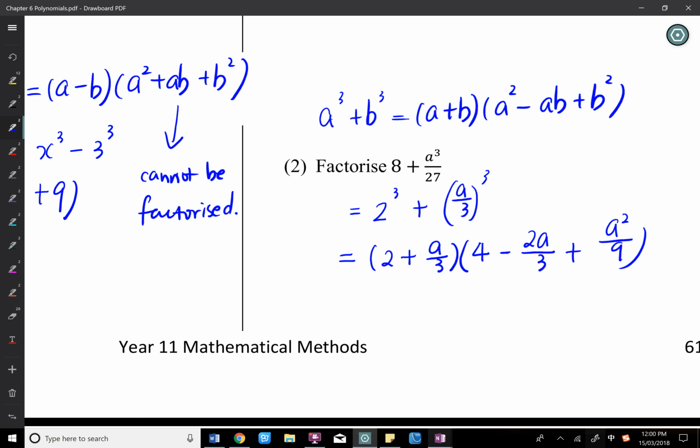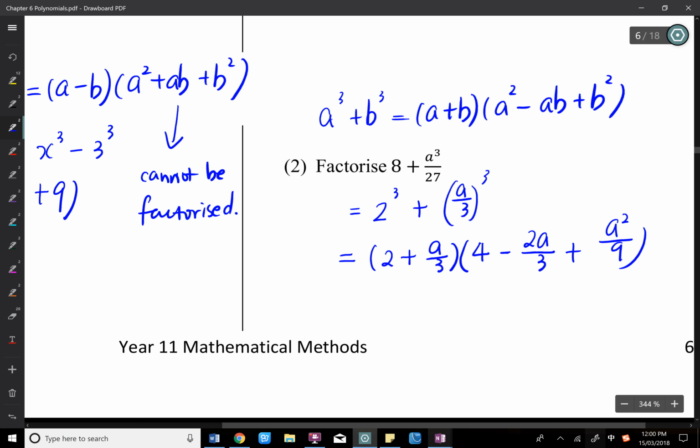Well, if you really want, you can take a 1/9 outside this bracket. If you take 1/9, that's a squared minus 6a, and then plus 36.